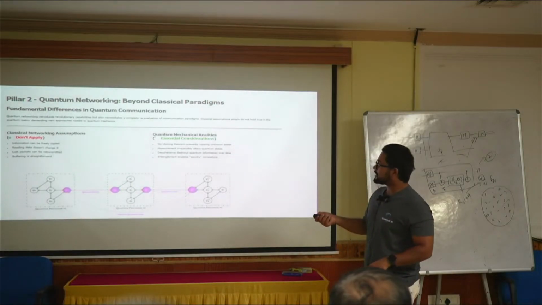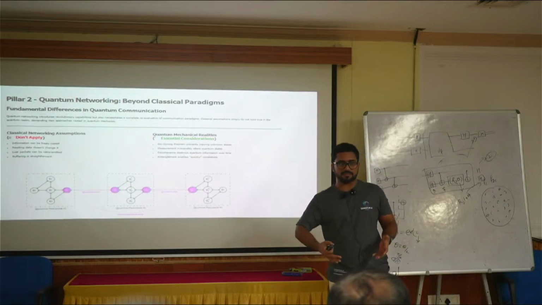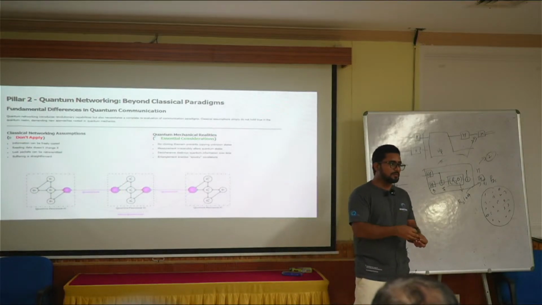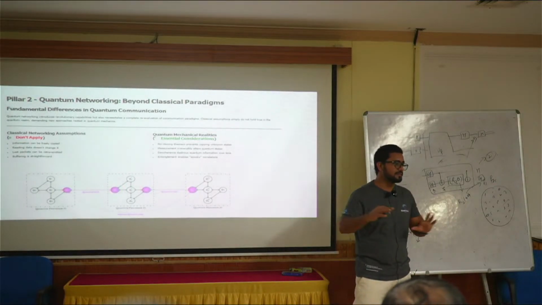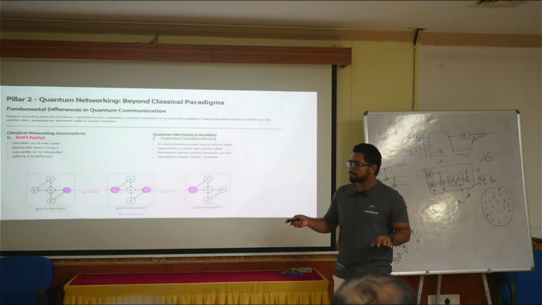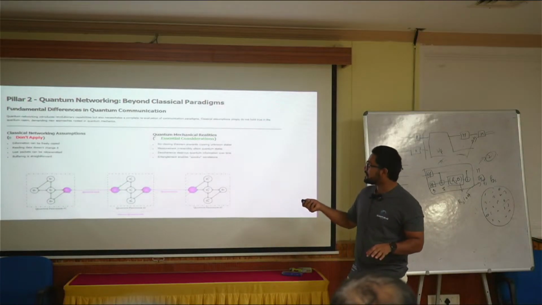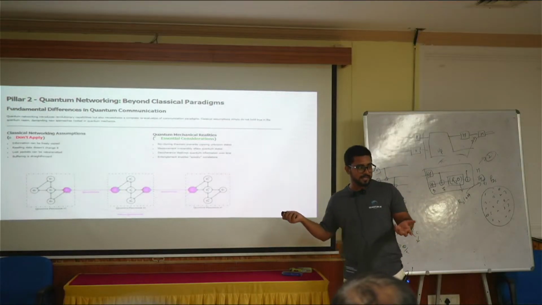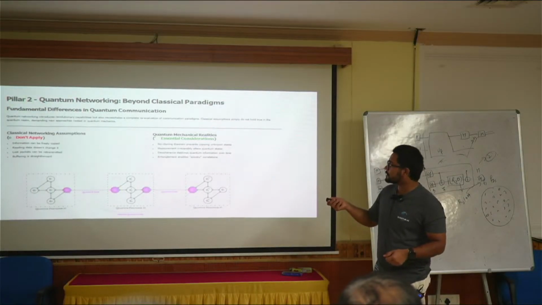Decoherence time is also not an issue like in your classical processor. In classical, whatever you store will last for a trillion years, it's not going to die. But in quantum that is not the case. There is a limited coherence time and data is destroyed after a certain amount of time. So this is another problem.